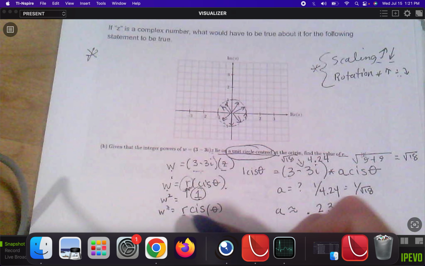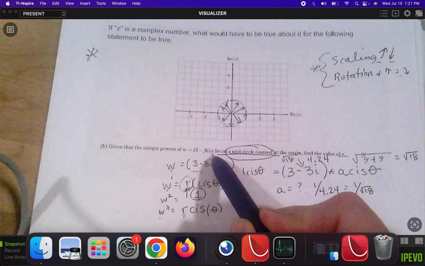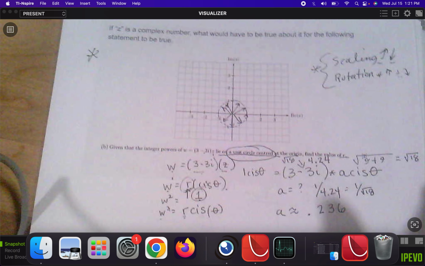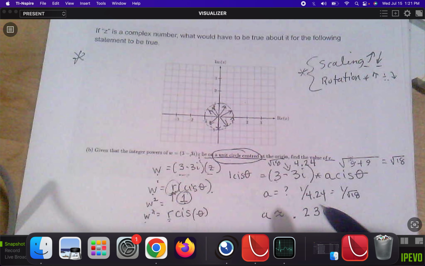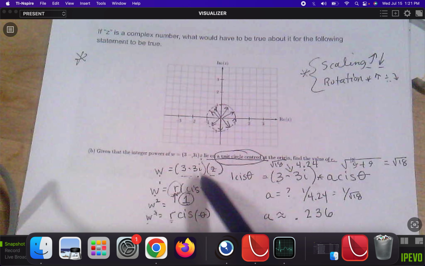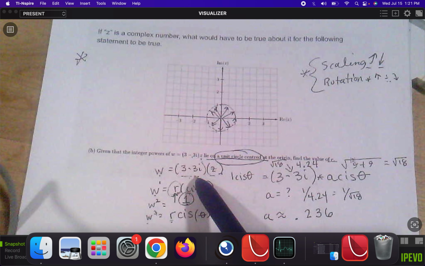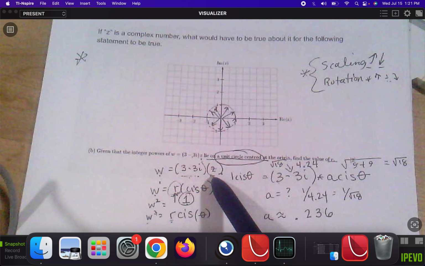Well, if W has a magnitude of 1 after I multiply those two complex numbers together, let's think of an example. If this guy's magnitude were 5, then this guy's magnitude would have to be 1 over 5. If this guy's magnitude is 12, this has to be 1/12.